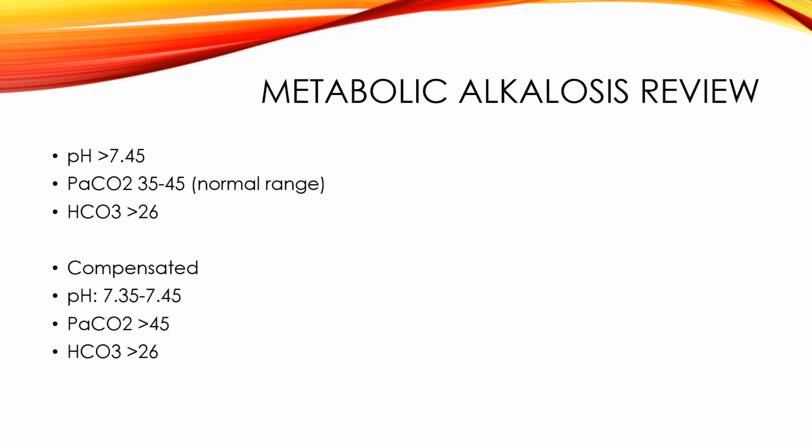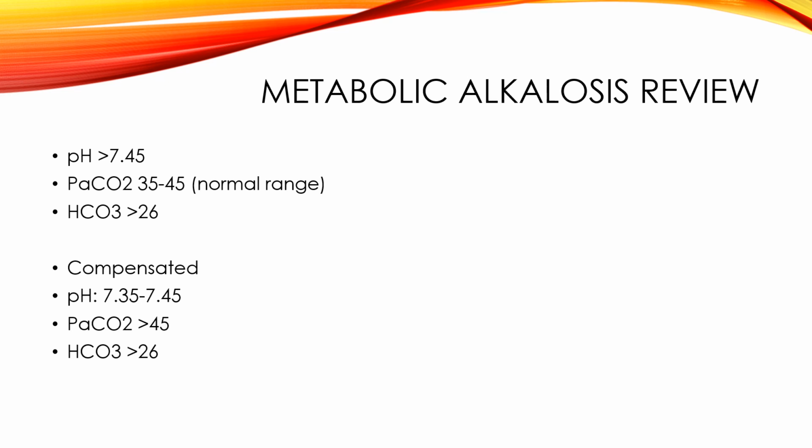Now, as the respiratory system kicks in to compensate, we're going to see that PCO2 also rise because our body is trying to hold on to that CO2. So we're going to see an increase in our ABGs, just like we had that rise in the bicarb. And remember, it's trying to bring it back to that 1:20 ratio of our acid to our base.